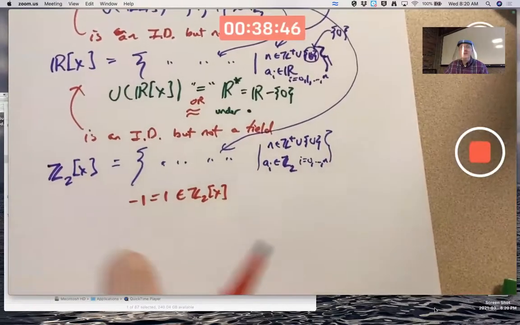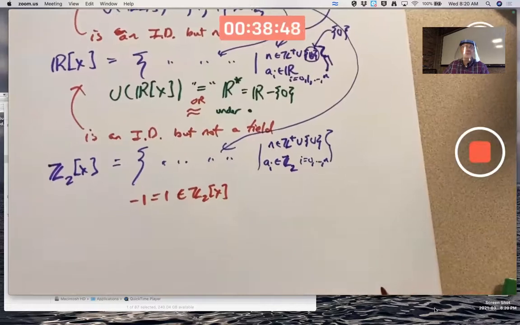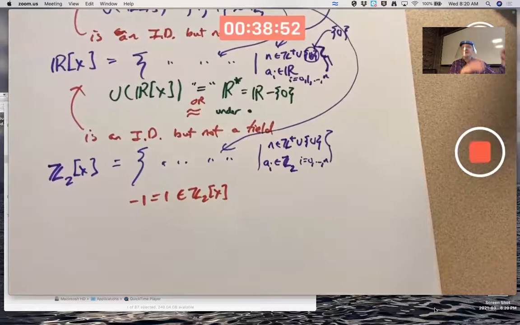In fact, there's only 2 constant polynomials, 0 and 1. Though again, technically, for reasons I'll tell you later, the 0 polynomial has an undefined degree. But both 0 and 1 are constant polynomials, and those are the only 2 constant polynomials in here.